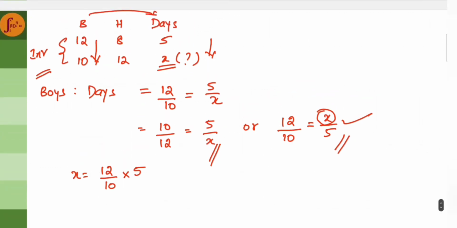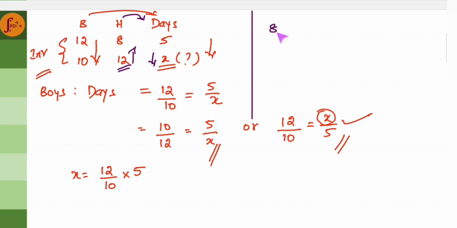Now we'll go to the second one. Hours with respect to days. If you work 8 hours, you can complete the work in 5 days. But if you work for 12 hours, the number of days is going to become lower because you're working more. So the number of days required to complete the work is less. Now this is again inverse, because the more hours you work, the fewer days it's going to take. So it's reverse. One is increasing, the other will decrease.